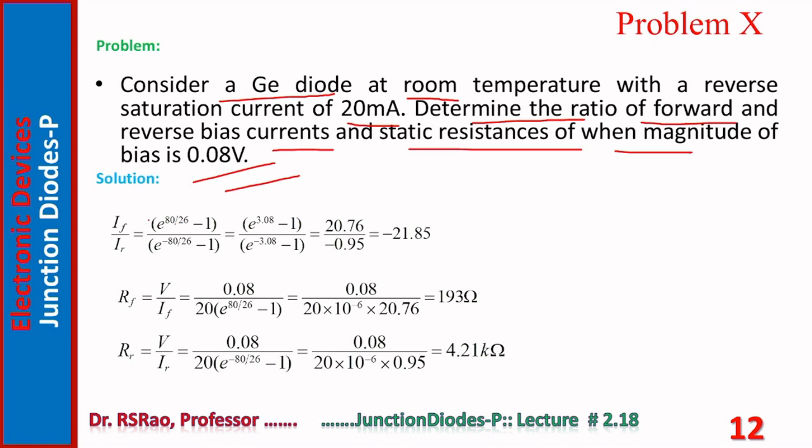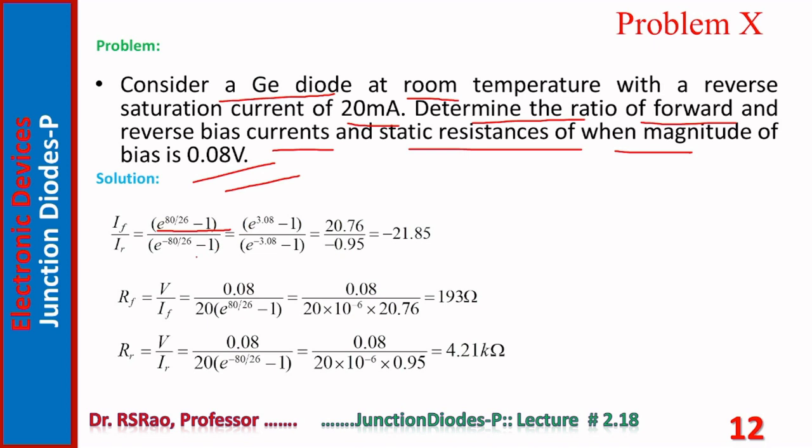Forward current is I naught into e power forward bias voltage divided by eta Vt. Germanium diode is given, so eta is 1. Room temperature means Vt is 26 millivolts. So this is forward current with I naught. Reverse current is I naught (e power minus 80 by 26 minus 1).